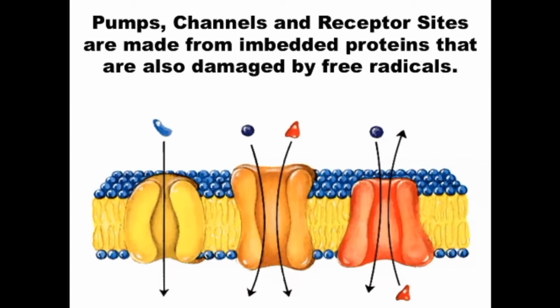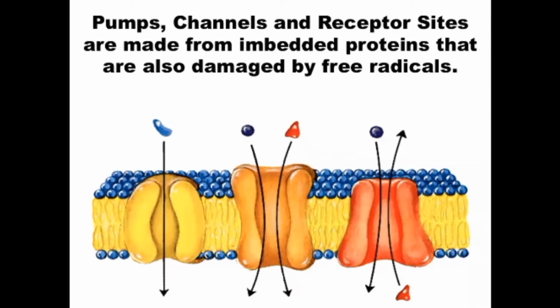And one of them will be a potassium channel, and it lets enough potassium in. And another one of them will be a receptor site for hormones, and so it'll let certain hormones in. Well, all of these proteins, while they're not as susceptible to free radical damage as the fats, they are also susceptible, and they begin to change shape.